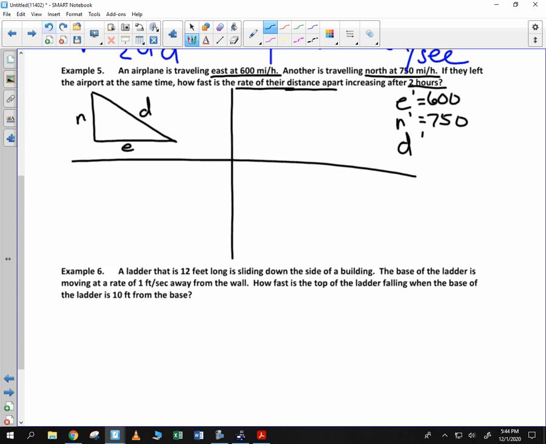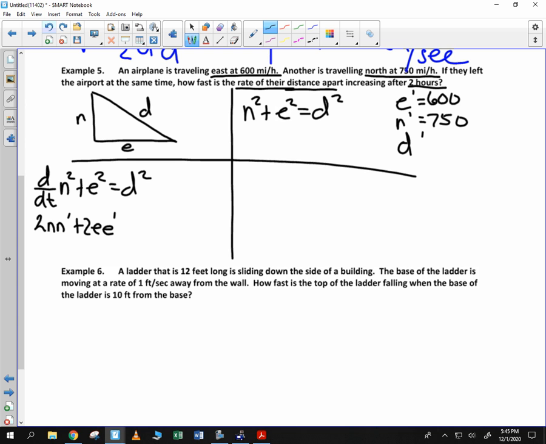Well, the formula I'm going to use is the Pythagorean theorem: n squared plus e squared is d squared. If we take the derivative with respect to time, we get 2n n prime plus 2e e prime is equal to 2d d prime.